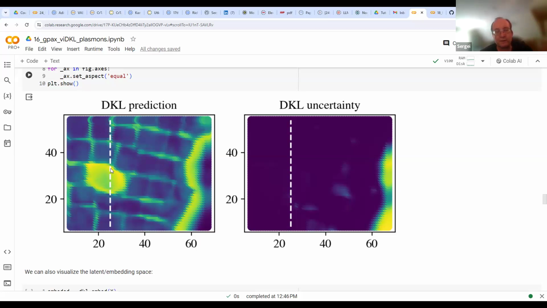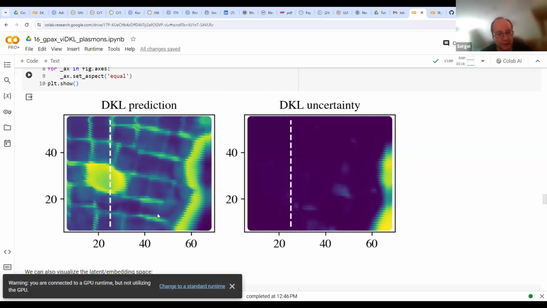That's not a big surprise. But notice that it also was able to predict the high intensity of the plasmon on the edge of this particle raft. Why did it do this? Because it used this one as an example. There was a high intensity here. It decided that this edge is very similar to this edge.